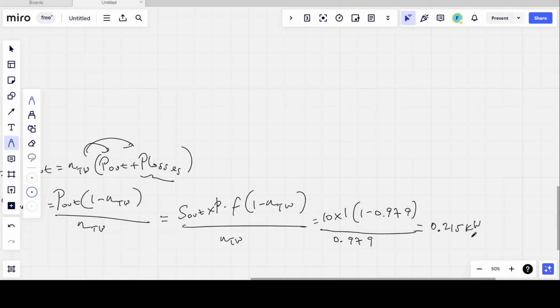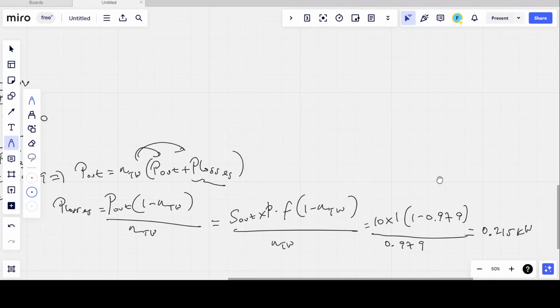Remember the power here, I'm saying 10, but it's actually 10 kilowatts, or 10 times 1 kilowatts. So in kilowatts, my power loss is 0.215.